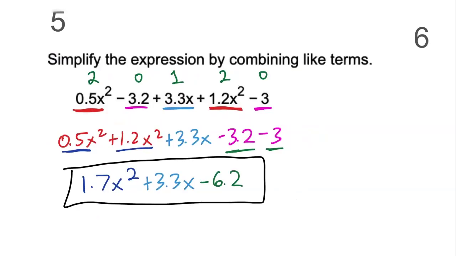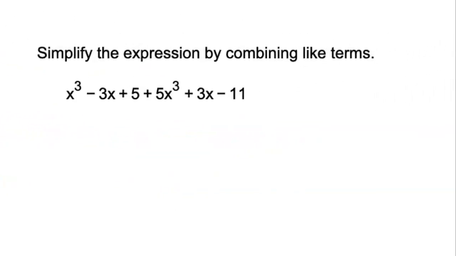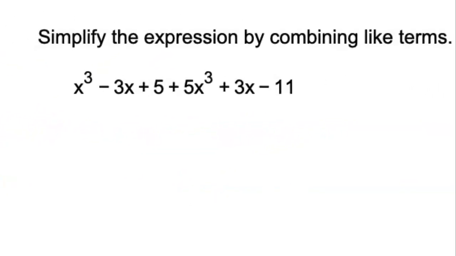So number 6. So same thing, we're gonna combine like terms. We're gonna use what we learned. Just write the degrees. 3, 1, 0, 3, 1, and then 0. And then we can color code it and then just write it from greatest to least in terms of standard form. If you color code it, it just makes it a lot easier.